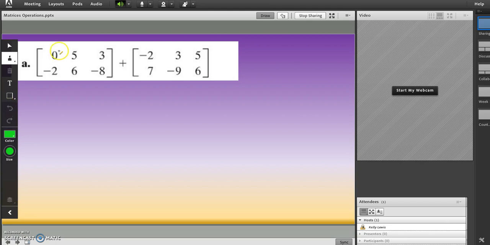So let's do that. Okay, so when you add matrices, or when you subtract, you just do same spot, same location. And so these are the numbers that will talk to each other.